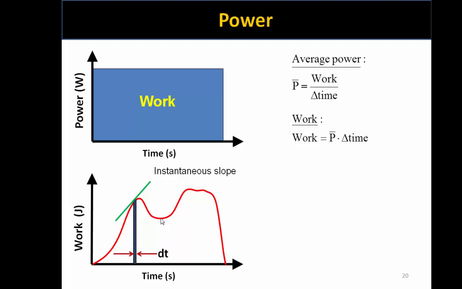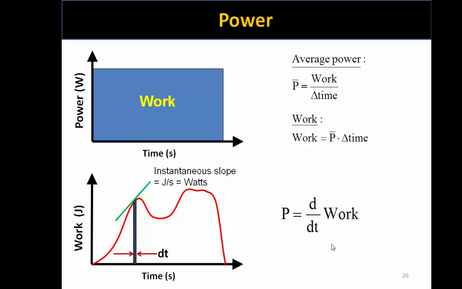So at the very bottom of this trough, of this concave portion, we would calculate a slope of 0. At the very top, we would calculate a slope of 0. And so that is a joule per second, which is our measure of watts. Another expression for power is the first time derivative of work.